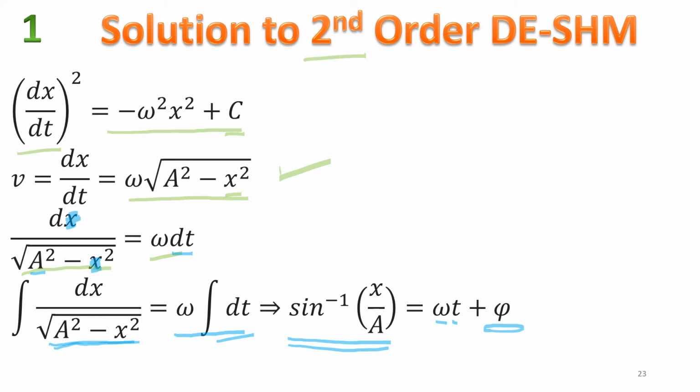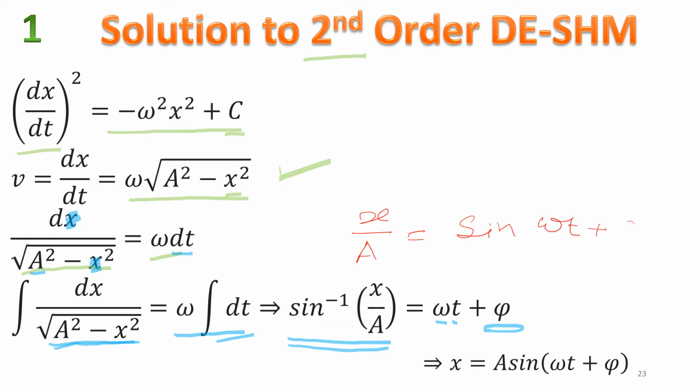So we can rewrite this equation as, x upon a is sine of omega t plus phi. Now we can take this a on the right hand side and write a nice equation, which is the solution of the simple harmonic motion differential equation.